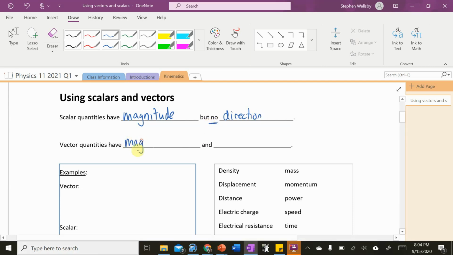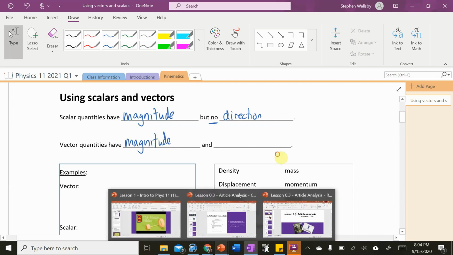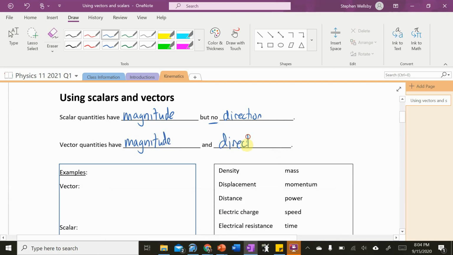Vectors also have a magnitude, so we would associate it with a number, but they do have a direction as well. So a vector gives you how large the quantity is in terms of a number, but it also tells you which direction that quantity is being affected or is happening or is extended in some way.